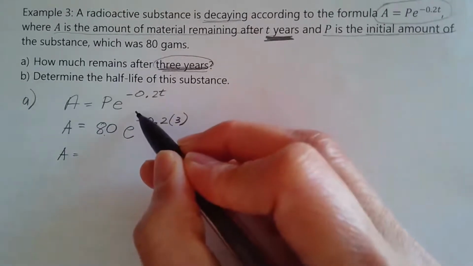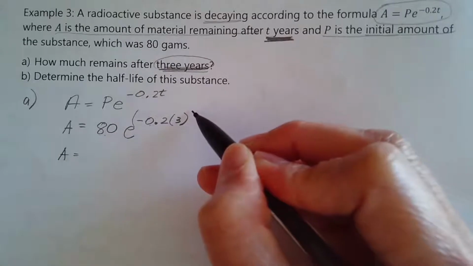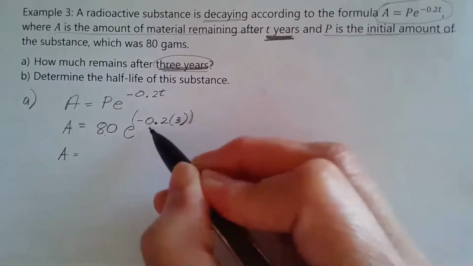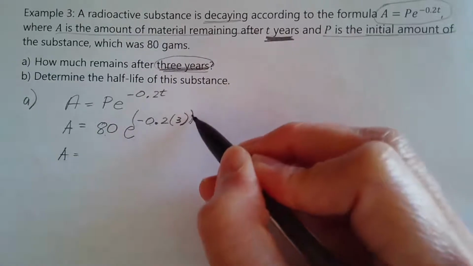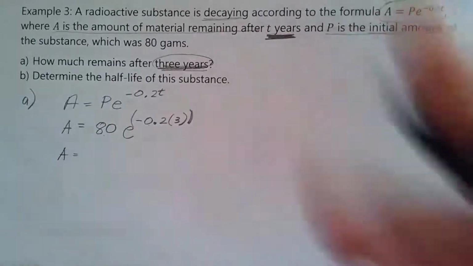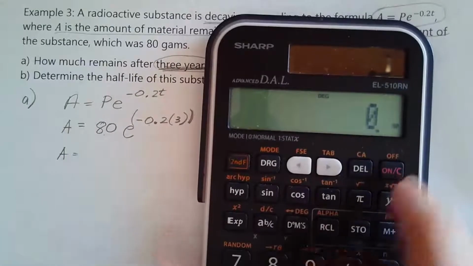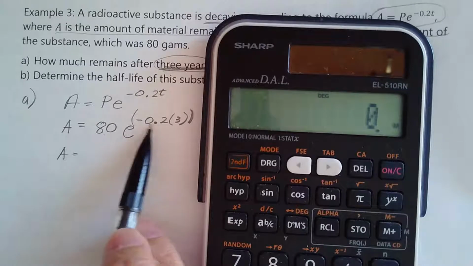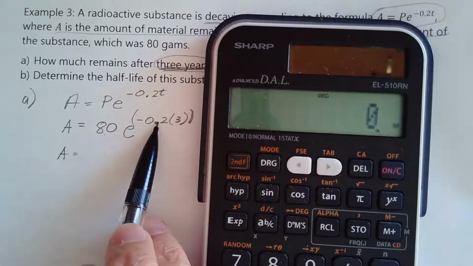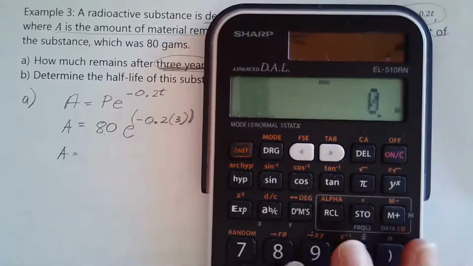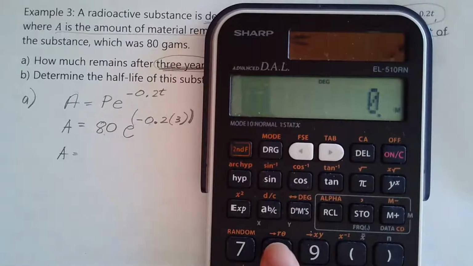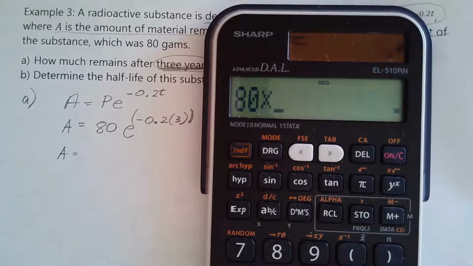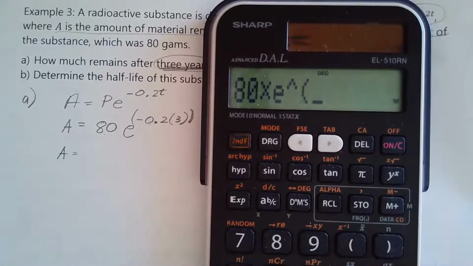If we type this in on our calculator, we might have to put brackets around the exponent, negative 0.2 times 3. I don't know what your calculator is like, but on mine I would. So go ahead and type it in. 80 times e to the negative 0.2.